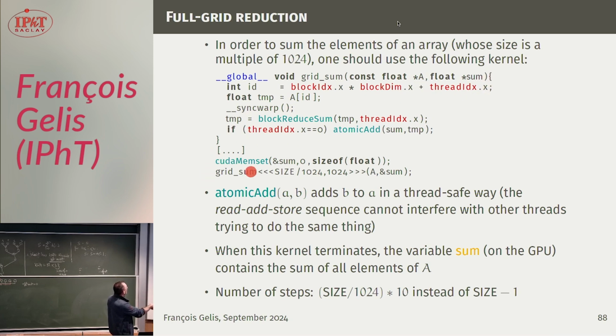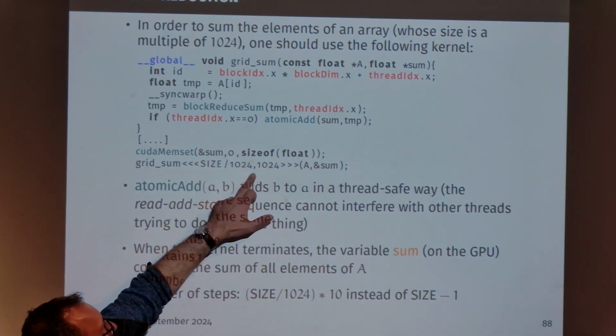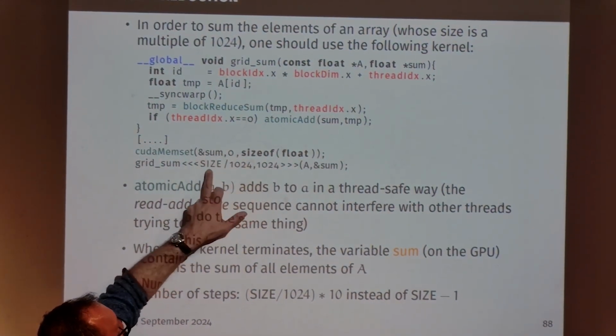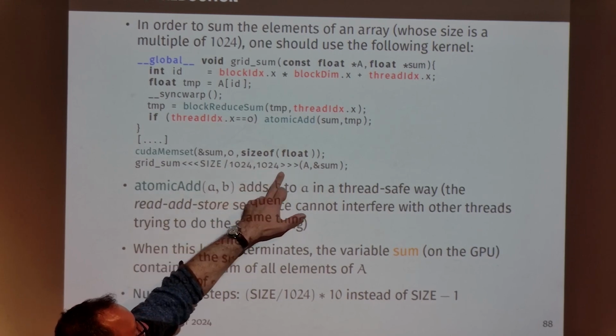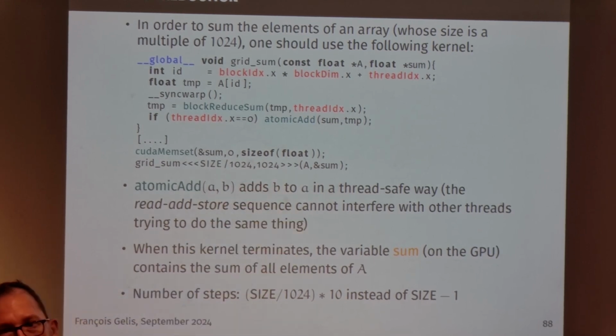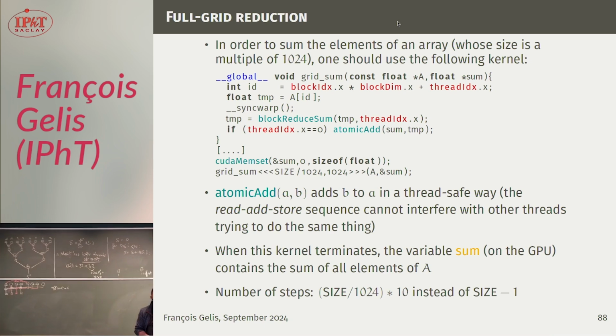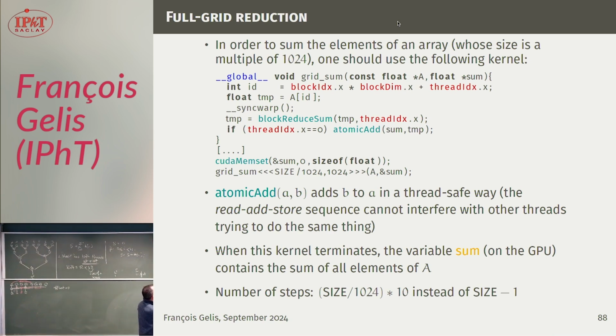It's done with this first line, and then you call this kernel with size being the number of entries in the array. The first argument is the number of blocks, so you divide by 1024, and you have blocks of size 1024 when you call it. And the outcome is that when the kernel finishes, the variable sum contains the sum of all elements, and you still need one more call to retrieve it on the host if you want it.